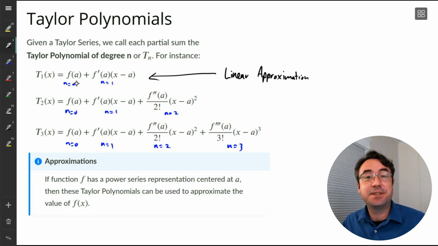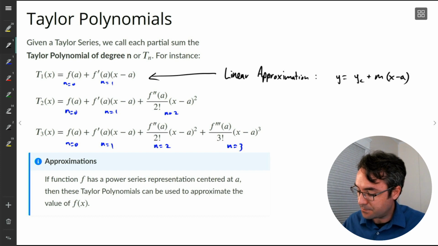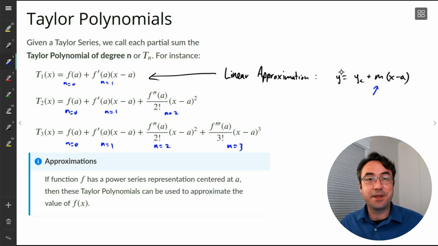This is just the tangent line, essentially. So y equals the y coordinate plus the slope evaluated, or times x minus a, where, if we're thinking of tangent lines, what was the slope of the tangent line? Well, it was just the derivative.